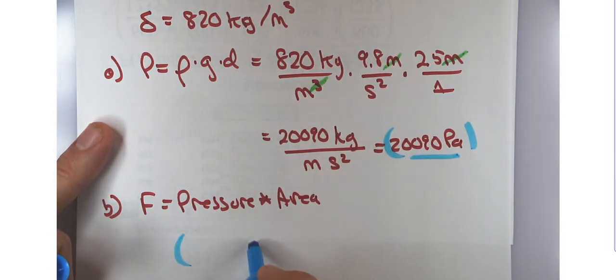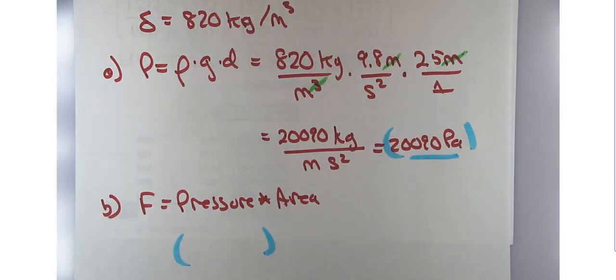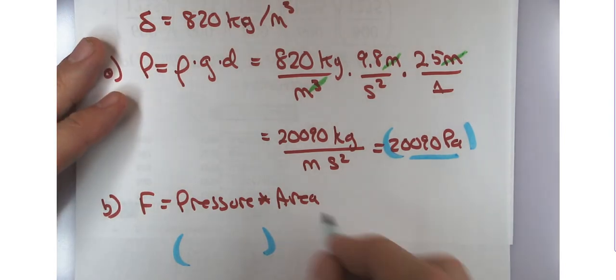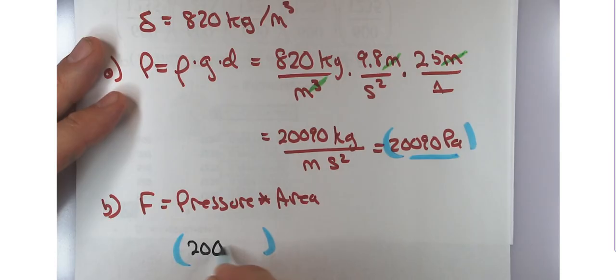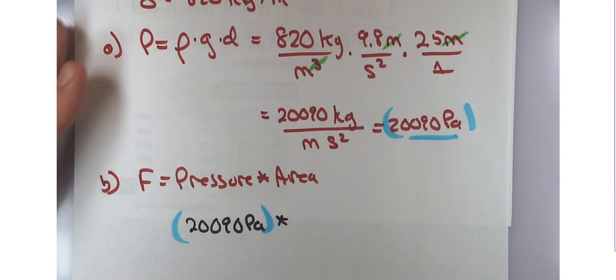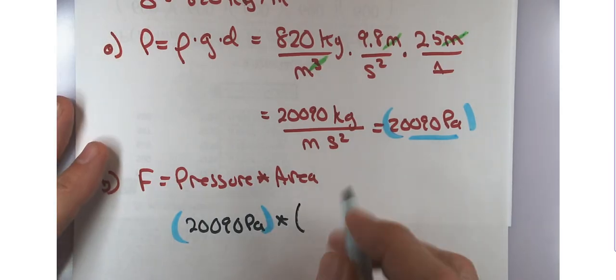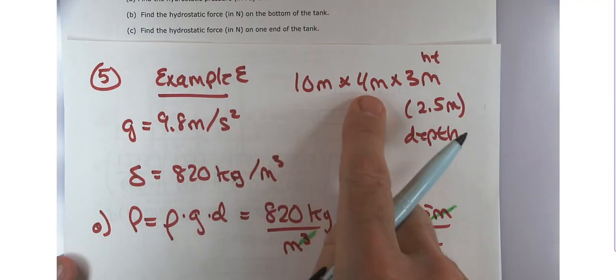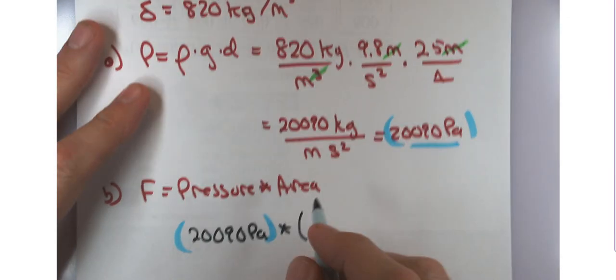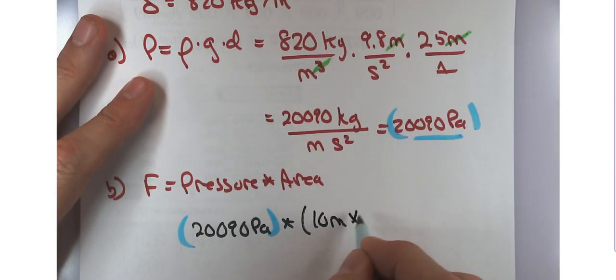So I'll start out with that times the area. So 20,090 pascals times the area. And the area is going to be 10 times 4, so 10 meters times 4 meters.